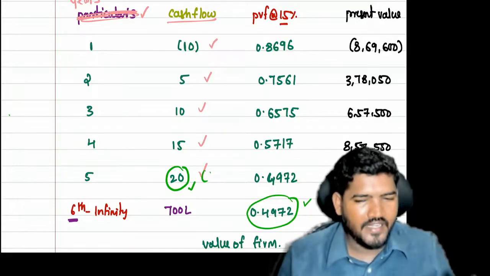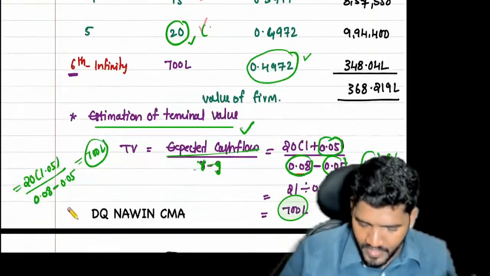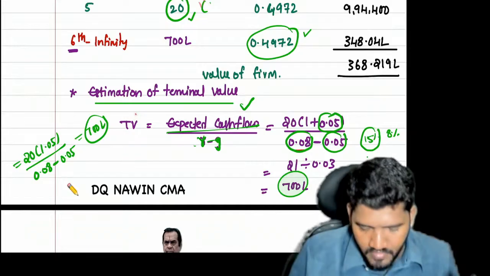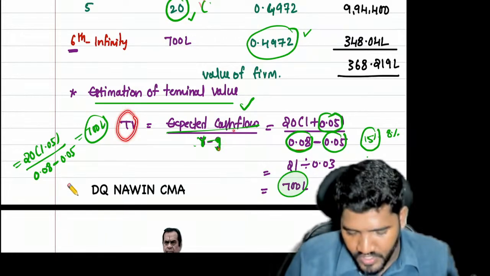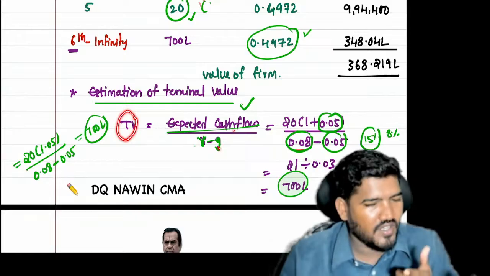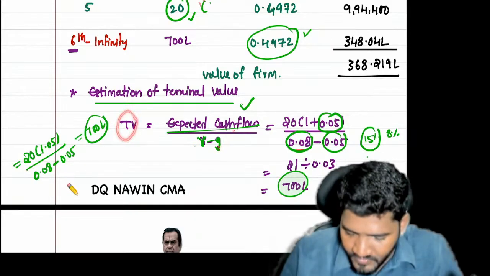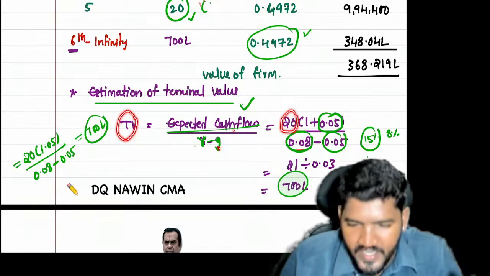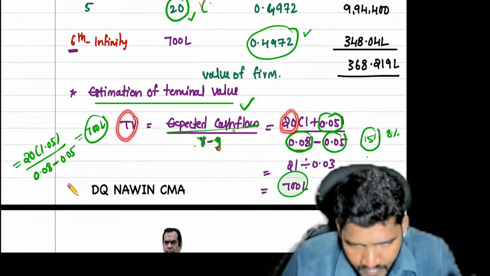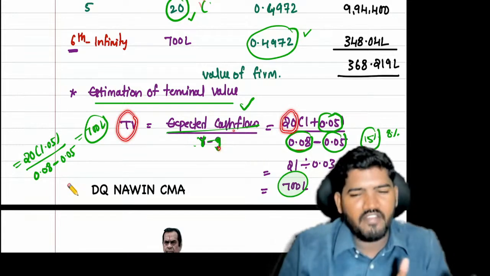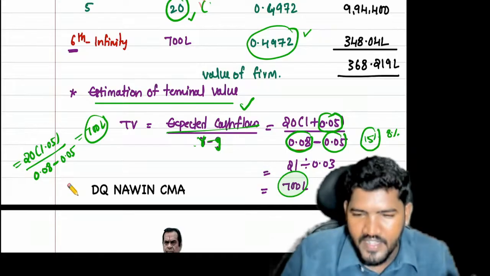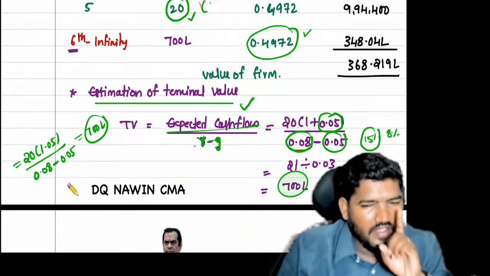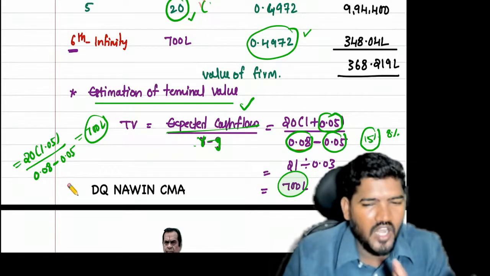You have to calculate the perpetual value. Now you can observe the terminal value is also known as the perpetual value calculation. Expected cash flow divided by R minus G. Why? Because the growth rate is specified. So the fifth year ending value is the beginning value of the sixth year. From the sixth year to perpetual life, I am calculating. So I always consider estimated or expected, not the current year.